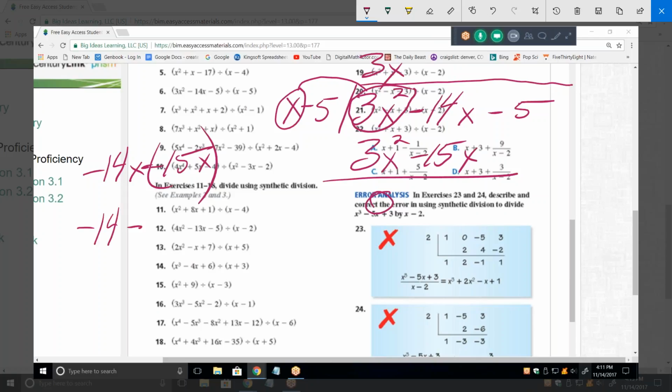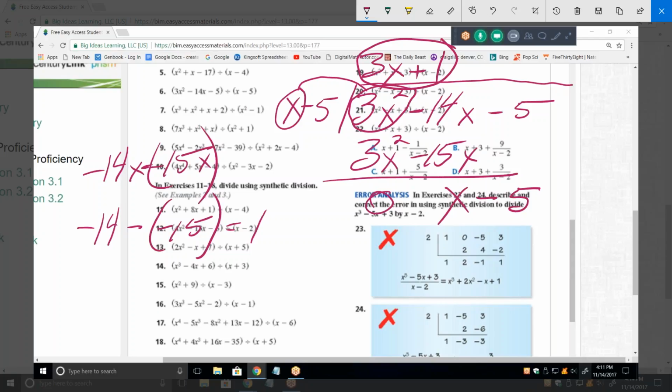Minus 14 minus a minus 15 is the same as minus 14 plus 15, equal to 1. Okay. So then x minus 5 goes in there perfect one time. Right, and then you bring down the next term just like normal. Plus 1. So that's your answer.